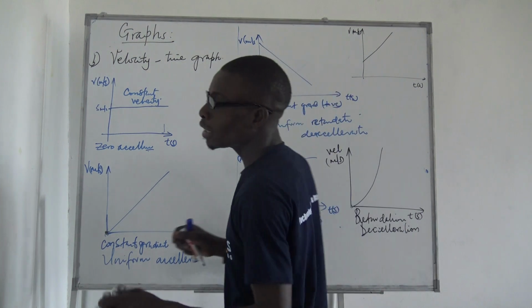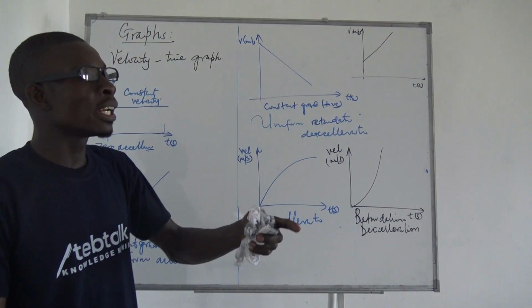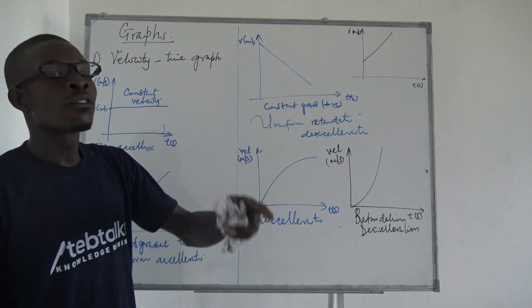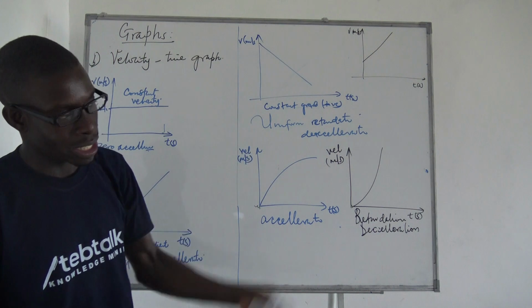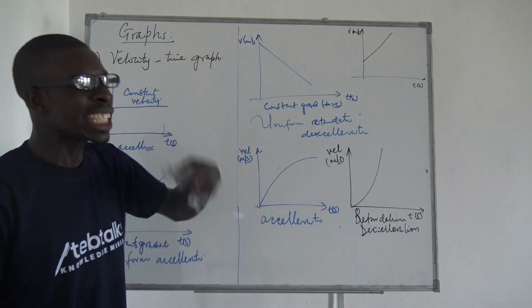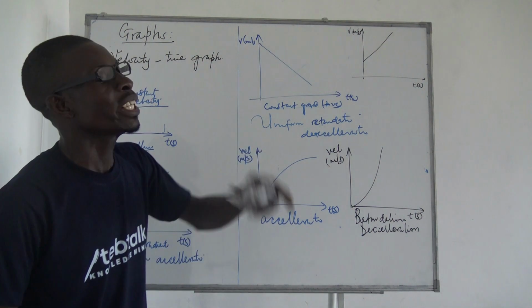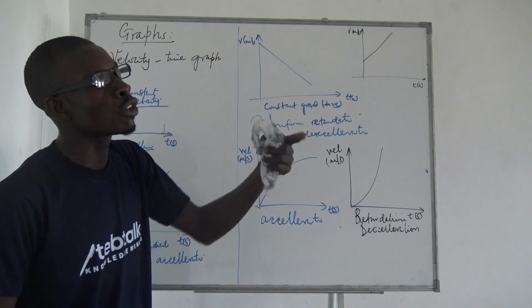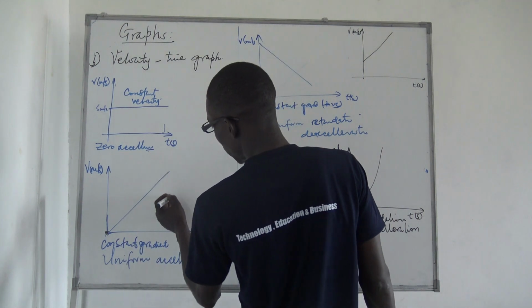The same thing we talked about in the displacement time graph. If it is uniformly increasing the speed, we say for the same time interval, you are covering the same distance. In every 5 seconds, you are covering 10 meters. Another 5 seconds, you are covering 10. We say you are uniformly increasing the speed.